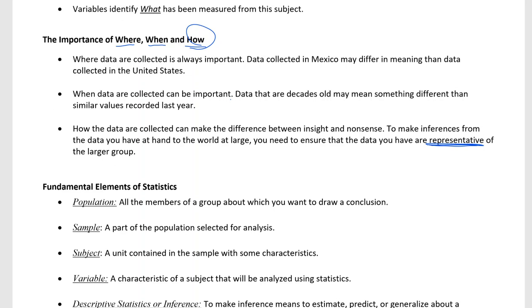So here we have one thing to talk about: the data collected should be representative of the larger group. All right. Then in statistics, the data you collected is called the sample. And then you use this sample to make inferences about the larger group, and the larger group will be called your population.